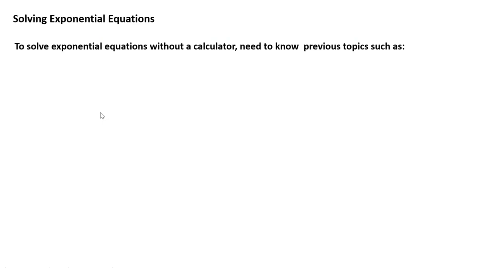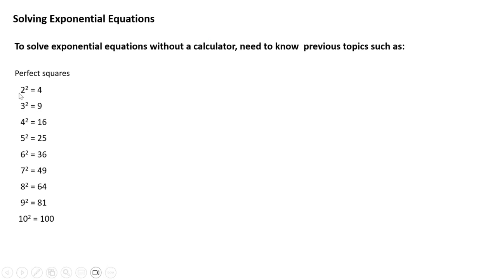Now, this is what you gotta know. To solve exponential equations without a calculator, you need to know previous topics such as perfect squares. 4 is a perfect square because 2 squared is equal to 4. So all these numbers on the right are perfect squares. You have to know as many as you can, at least from 1 to 100.